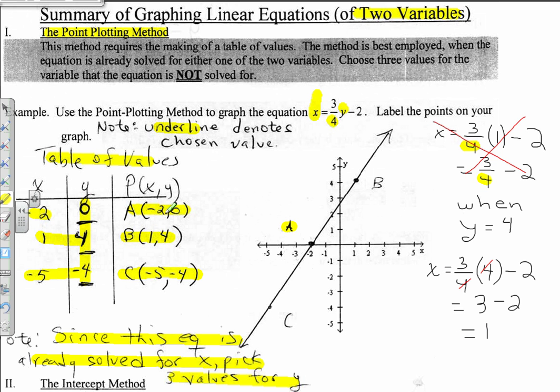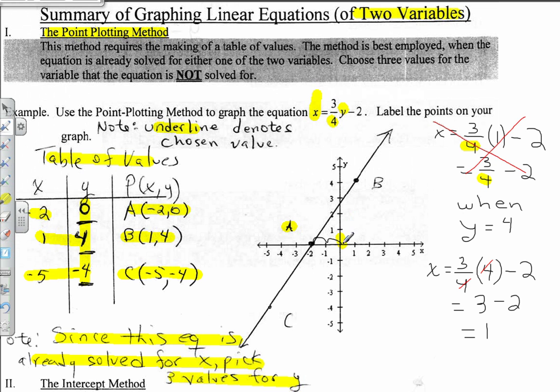Now let's plot these 3 points. So I'm going to plot this point A. The x-coordinate is -2, the y-coordinate is 0. So that means starting at the origin, you go 2 units to the left, 1, 2, and then since y is 0, I stop right there. There's my point A. Now the next point has x-coordinate of 1, a y-coordinate of 4.